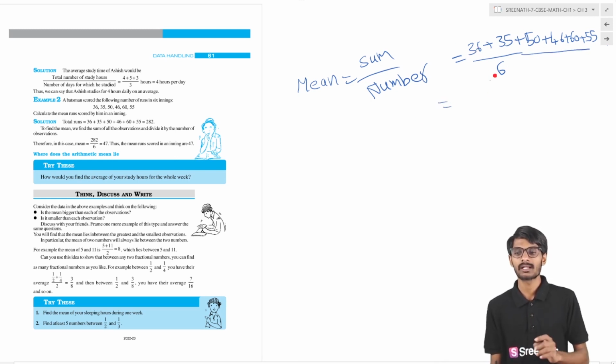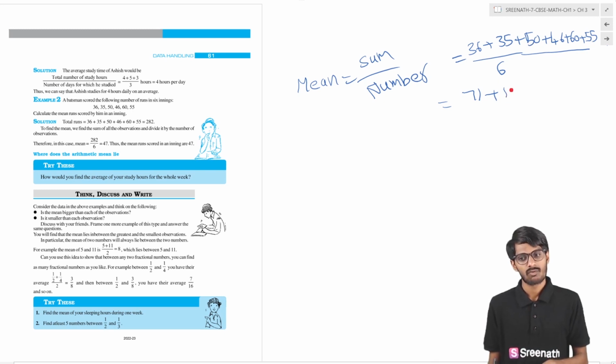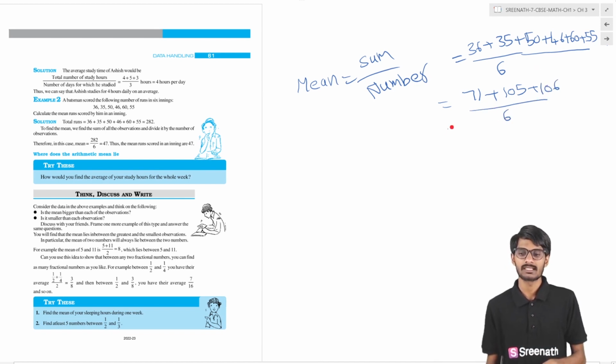Now we have to add all those. 36 plus 35 is 71. Next 50 plus 55 gives 105, and 46 plus 60 gives 106, divided by 6.